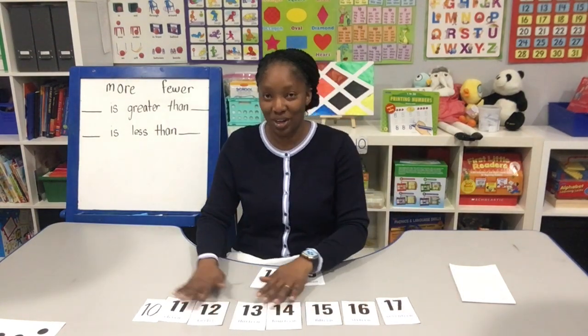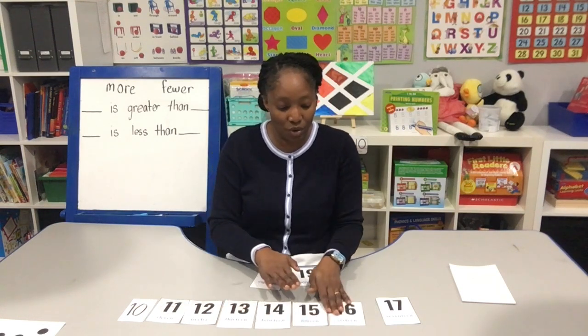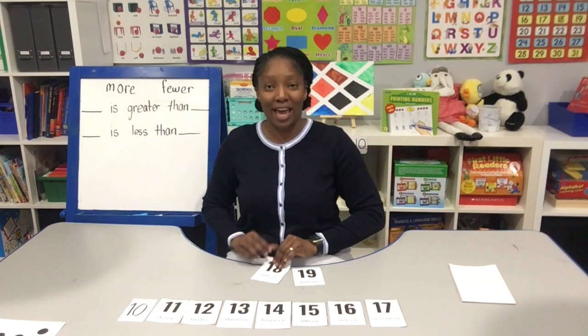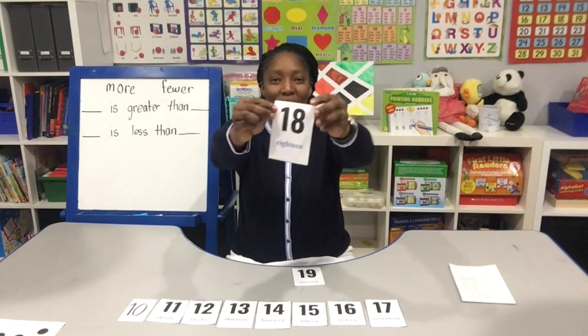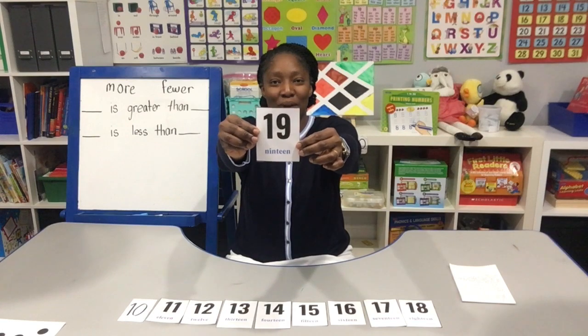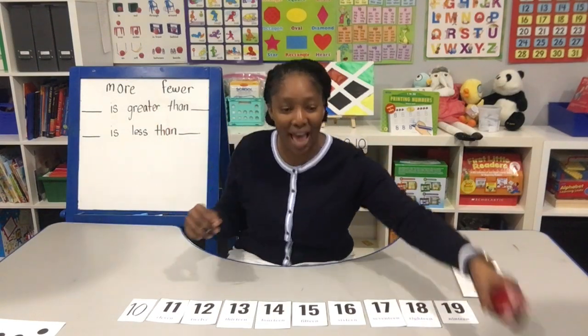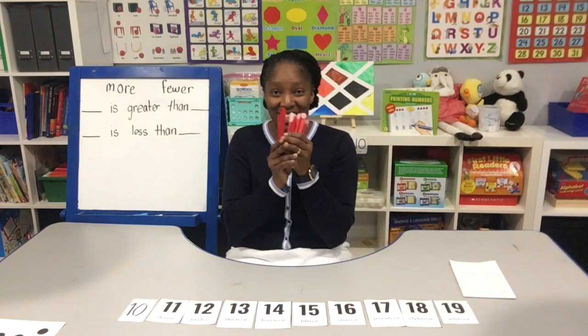Very good. We're doing a great job. We're going to move them down just a little bit so we can have a little wiggle room for all of our friends. And we have 18. And our last teen number, 19. 19 numbers.